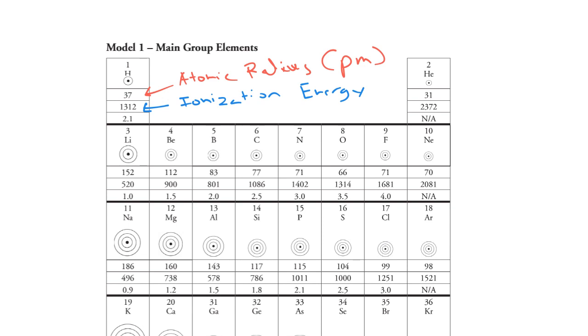And the unit there was kilojoules per mole. We'll talk more about what both of those things mean. And then the last number is electronegativity. And this doesn't really have units. They're just arbitrary units that help us compare one atom to another.